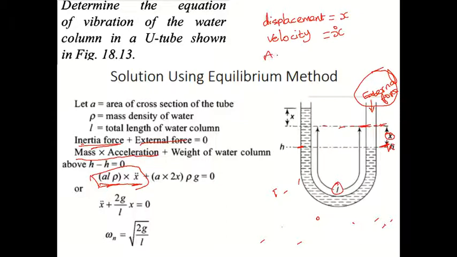If you differentiate once again, you will get acceleration, x double dot. One time differentiated means velocity, two times differentiated means acceleration.